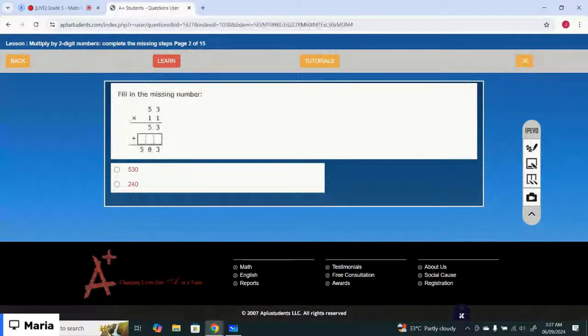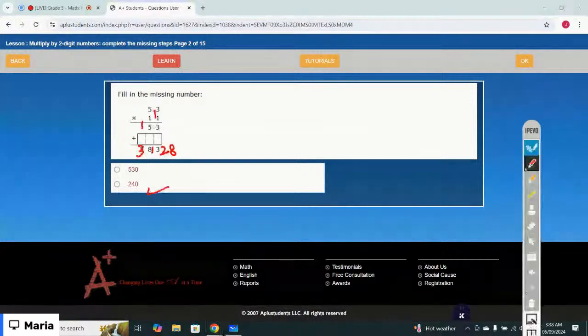Okay, 53 times 11. So you multiplied by the ones digit, right? 1 times 3 is 3, 1 times 5 is 5.